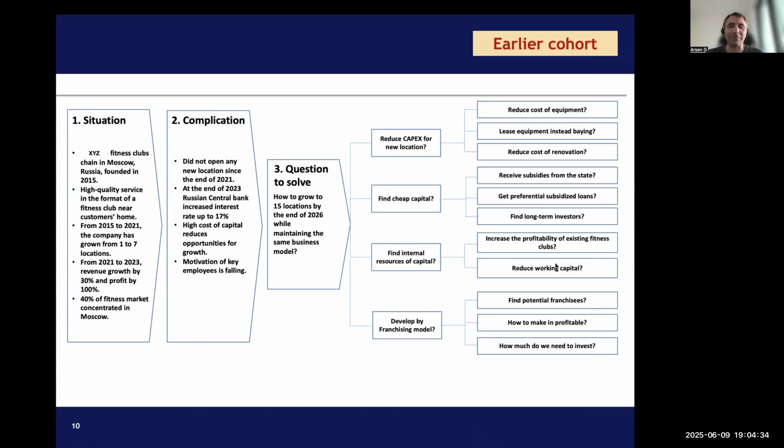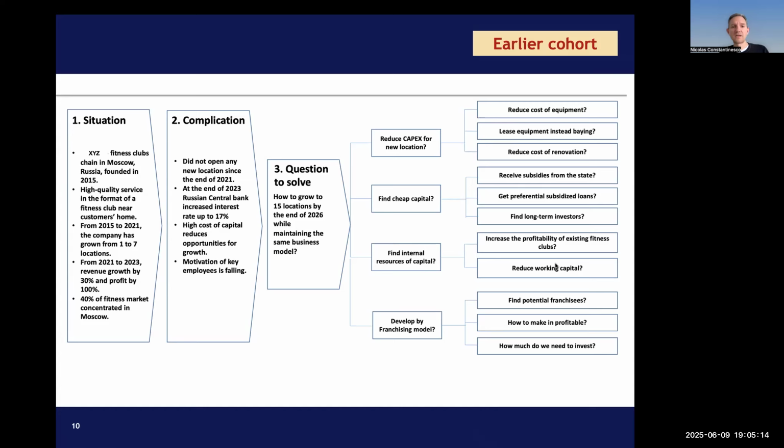I thought long-term investor would be taking some equity, and the other two would be, from state it's a grant, and the other is subsidy loans. But for me, long-term investment was more like selling 2% to somebody and investing the money. But it could also be debt, right? So there could be more clarity in the question tree. But overall, it's a good question tree. It's just some fine tuning in terms of clarity.